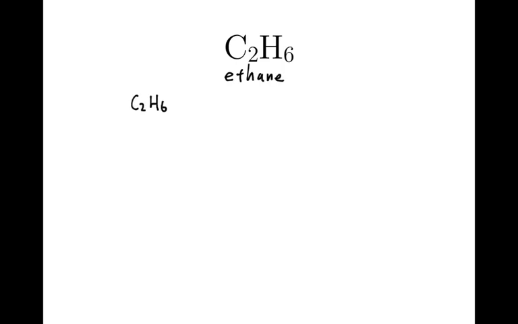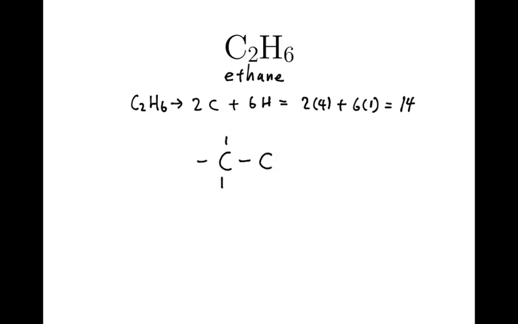We have 2 carbons and 6 hydrogens. Therefore, we're going to have 2 times 4 plus 6 times 1, for a total of 8 plus 6, or 14 valence electrons total. We're going to start with combining the carbons, and then we're going to add in the hydrogens.